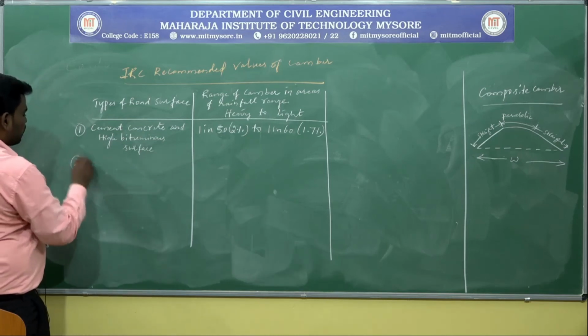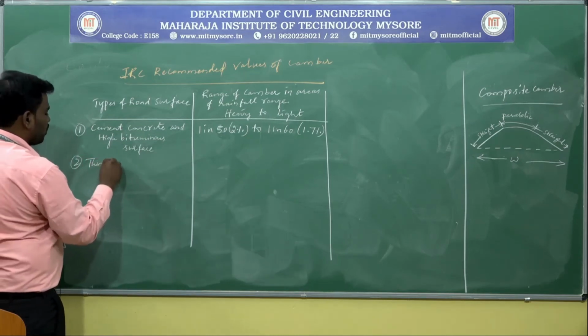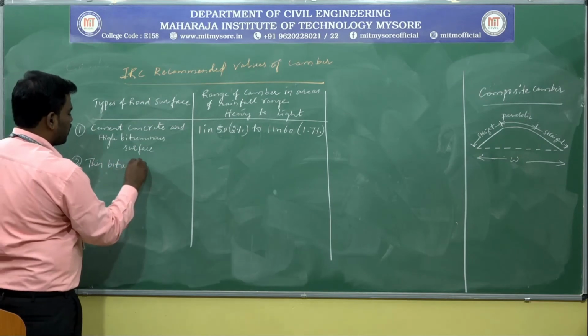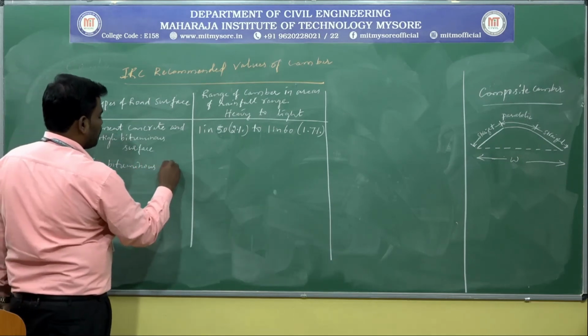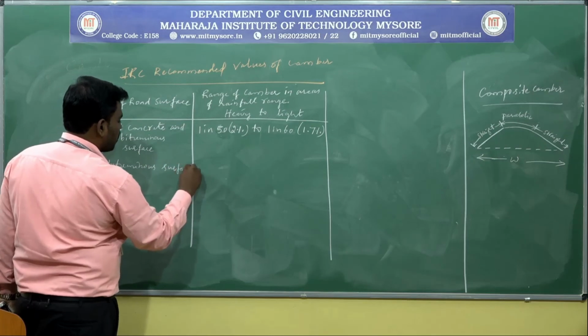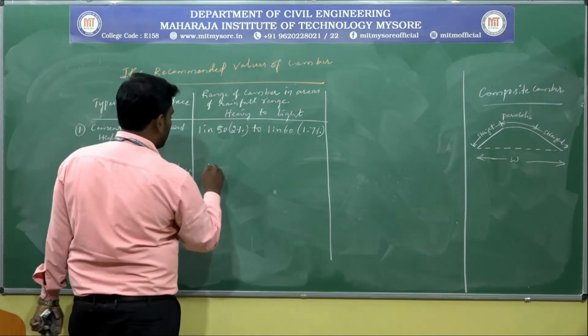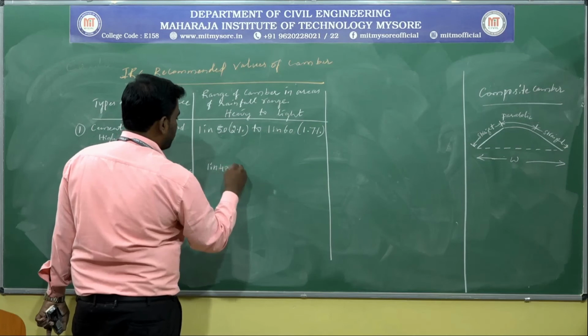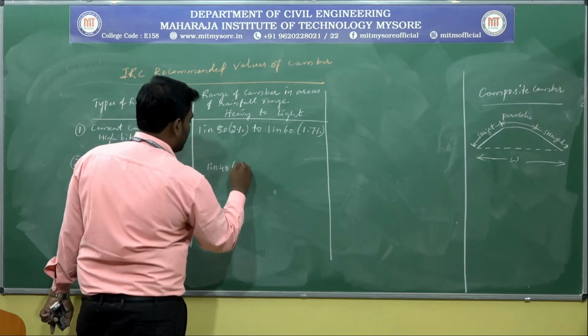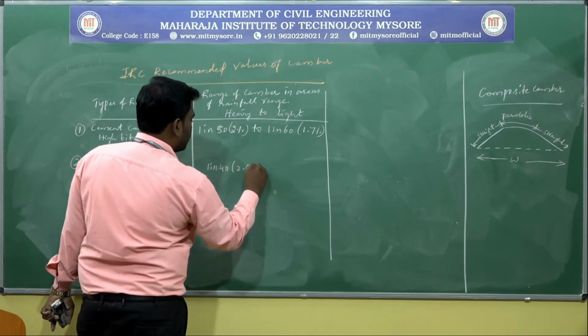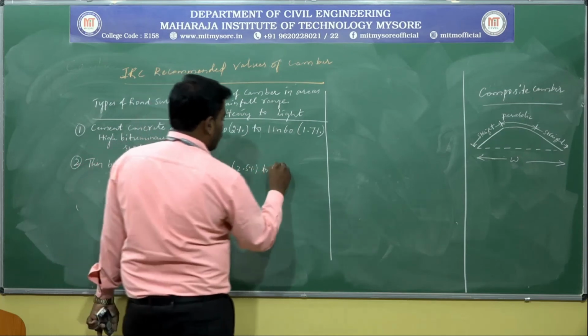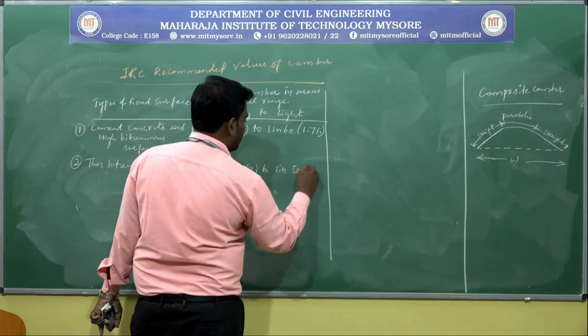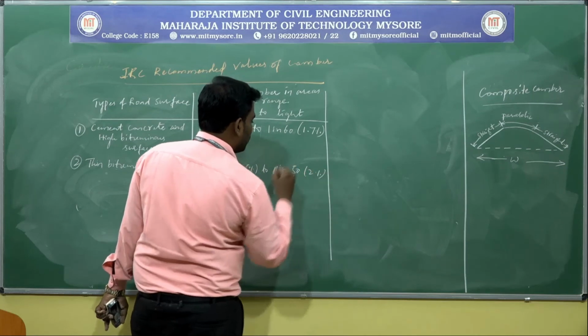For the second one, thin bituminous surface, it is 1 in 40, that is 2.5%, to 1 in 50, that is 2%.